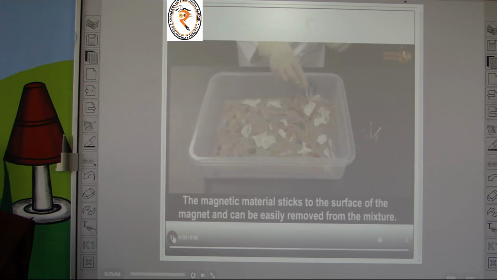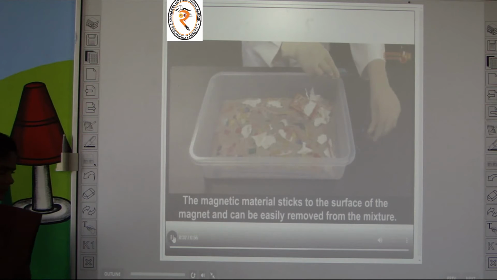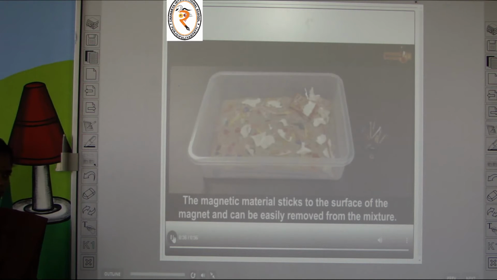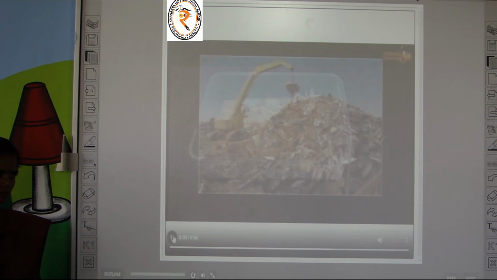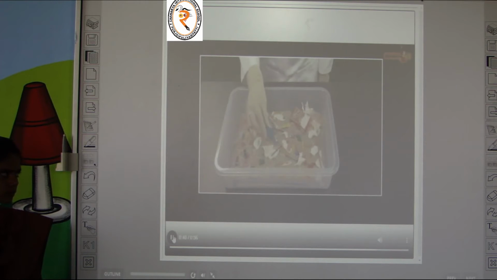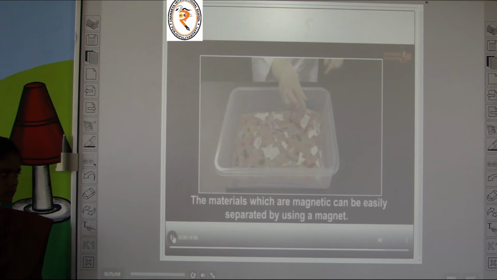The magnetic material sticks to the surface of the magnet and can be easily removed from the mixture. Similarly, iron scraps are separated from the waste material by using a powerful magnet fitted on the crane. So from this activity, we can conclude that the materials which are magnetic can be easily separated by using a magnet.